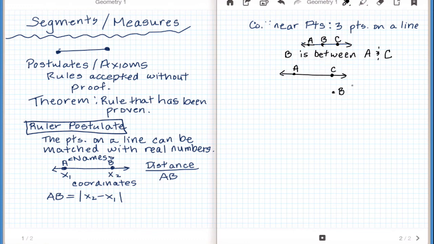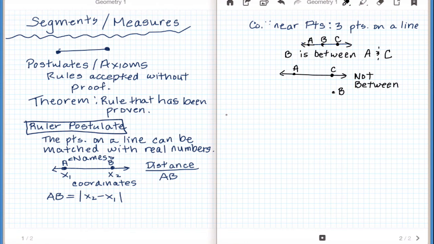So I cannot say that B is between A and C here. So they must be collinear to do that. So not between for this one.